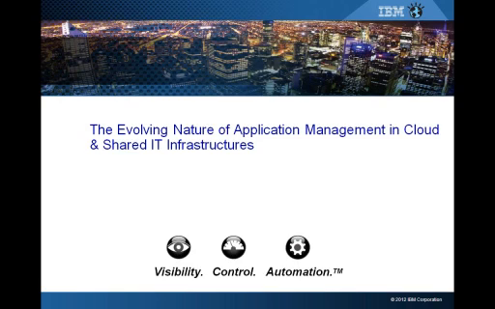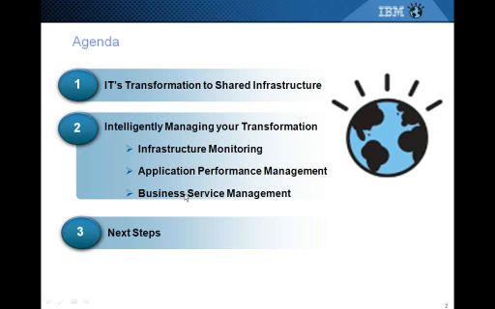So as we get into looking at the evolving nature of these infrastructures, one thing I want to stress is that the management tools we're providing with IBM and Tivoli are evolving to manage these changes. As I work with lots of customers, I see that there's a real transformation in the way information technology needs to be taken care of.